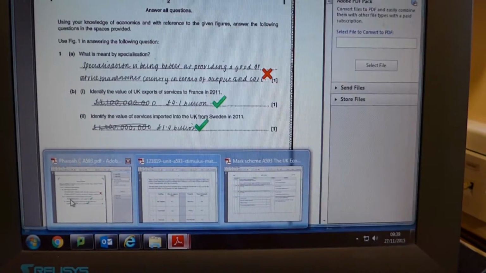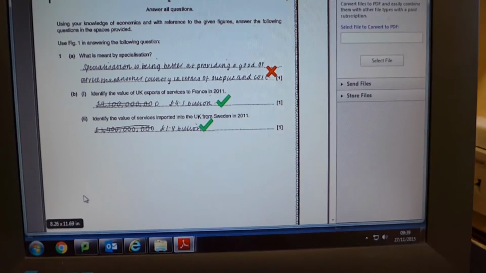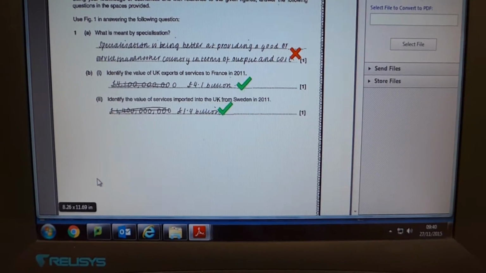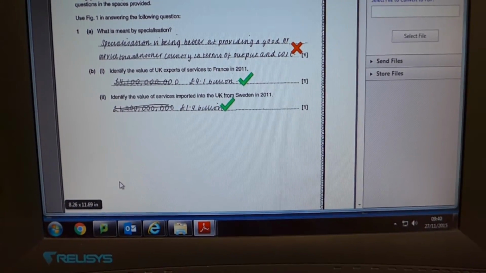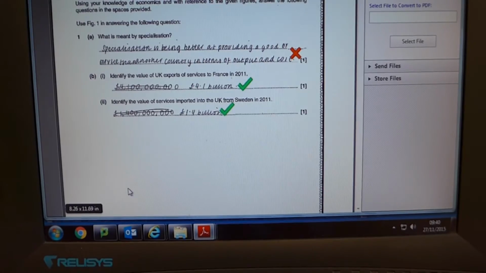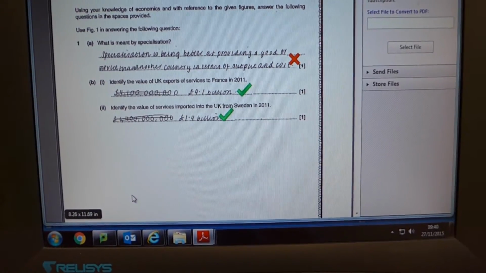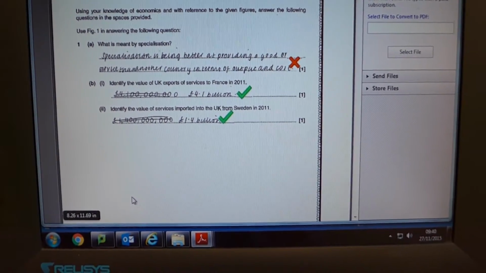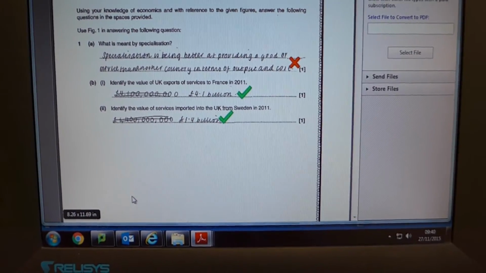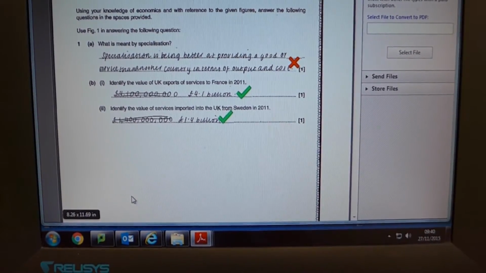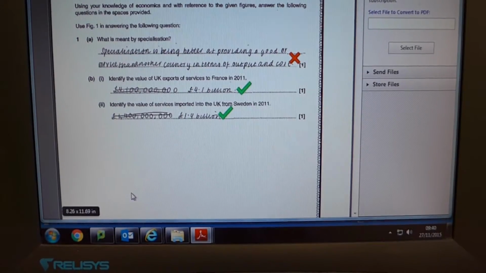So let's have a look at the exam paper, question number one. It's a very straightforward question, but the number of people in my year 11 class who got this wrong is quite remarkable. You're asked simply to explain what is meant by specialization.